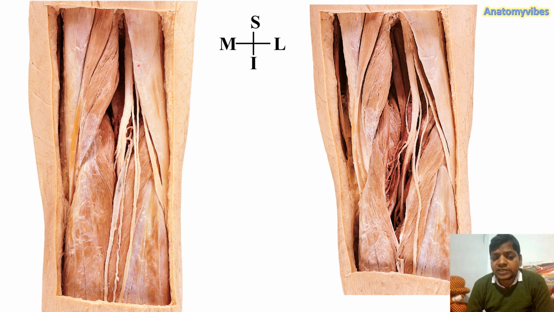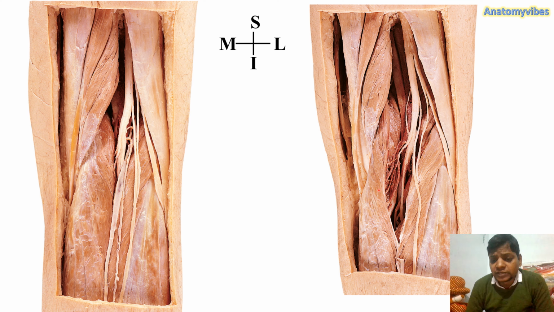So superolateral we have biceps femoris, superomedial we have semimembranosus, semitendinosus. Inferolateral we have lateral head of gastrocnemius, inferomedial we have medial head of gastrocnemius. So this is about the boundary of popliteal fossa.